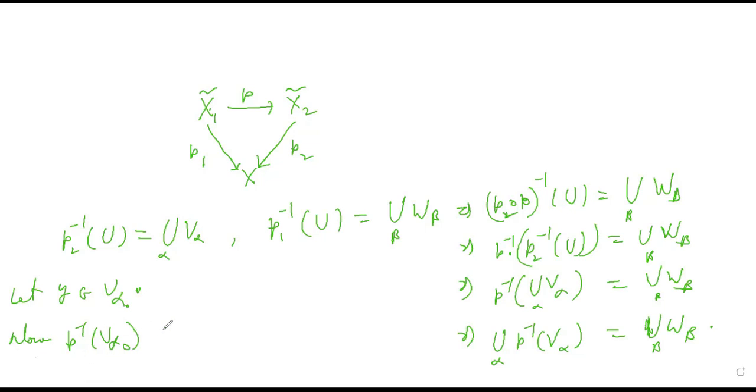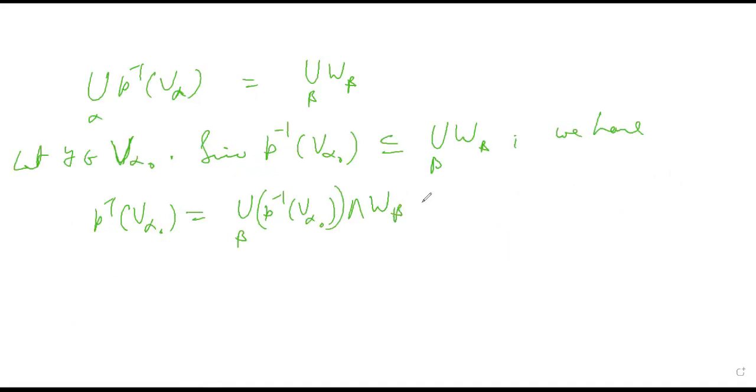So now this is equal to union of W beta I, where each P restricted over W beta I from W beta I to V alpha naught, right?